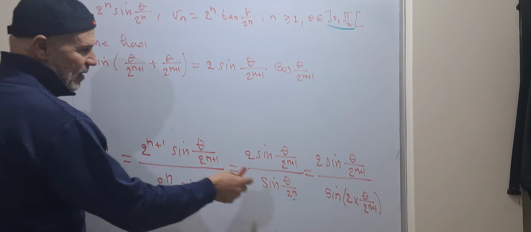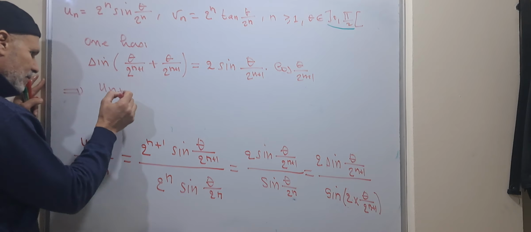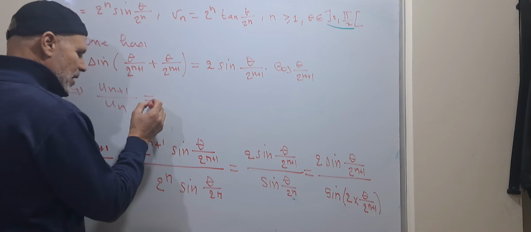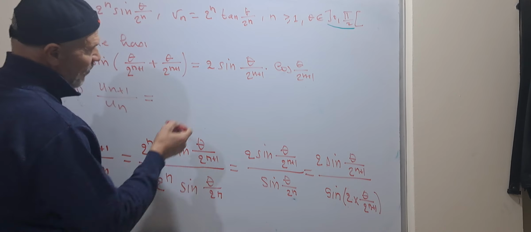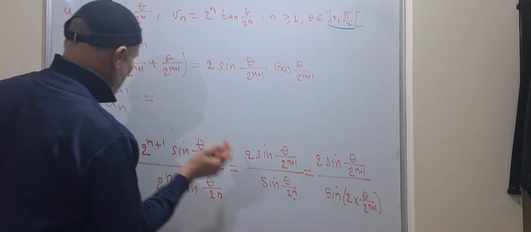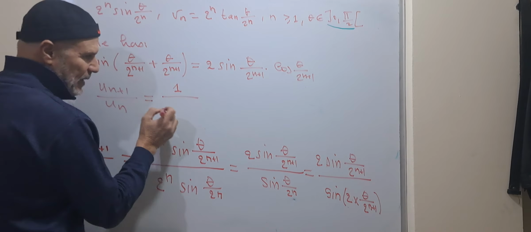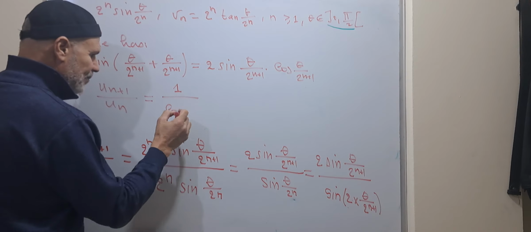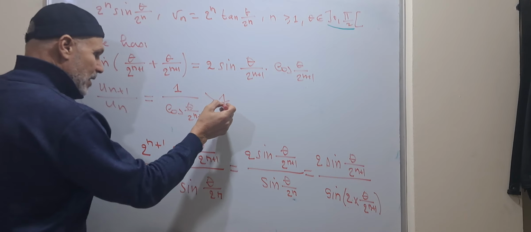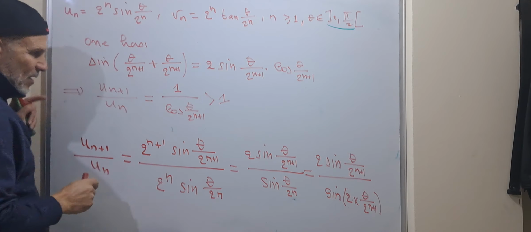If we replace this in the formula, we will obtain that u_{n+1} over u_n is equal to, after we cancel 2 sine theta over 2 power n plus 1, 1 divided by cosine theta over 2 power n plus 1, which is greater than 1, as we showed previously.